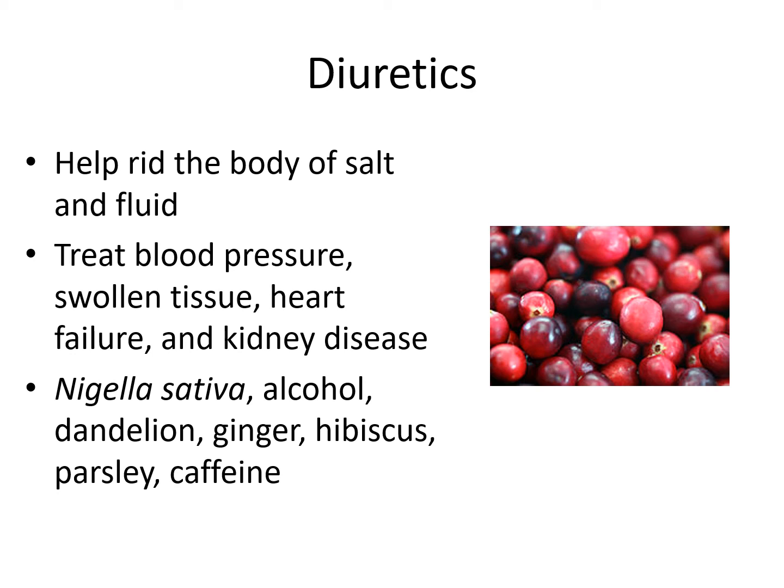A few things that are natural diuretics are Nigella sativa, alcohol, dandelion, ginger, hibiscus, parsley, and caffeine. If you have ever drunk a cup of coffee, chances are you know that you have to pee or use the restroom. Typically, after you drink caffeine, that is because it is a diuretic.